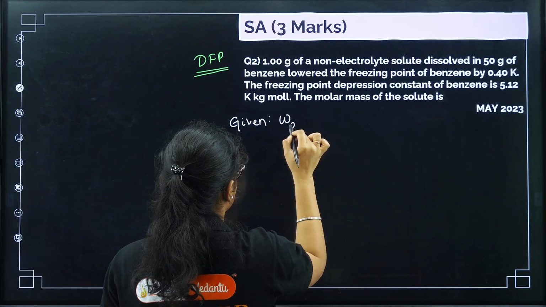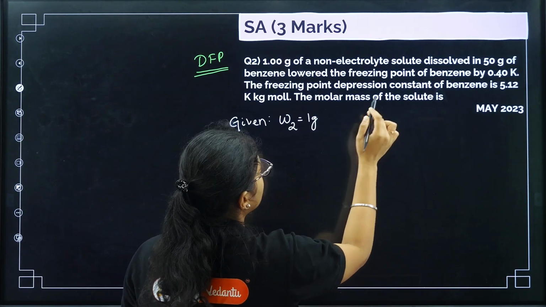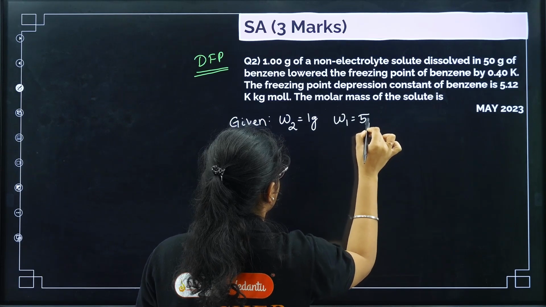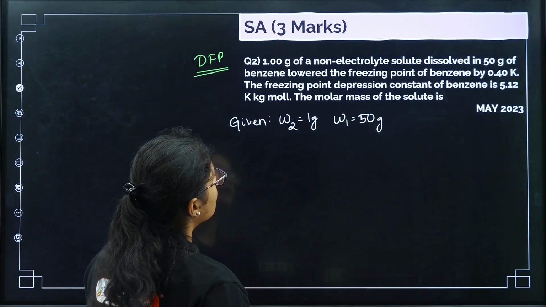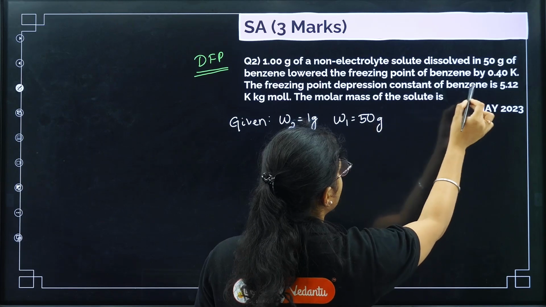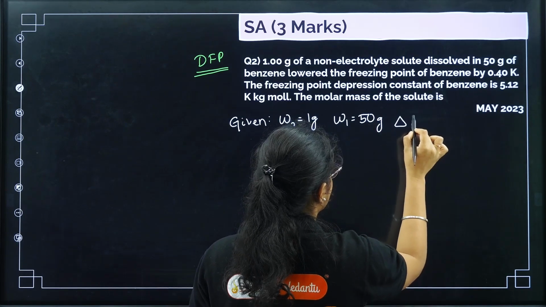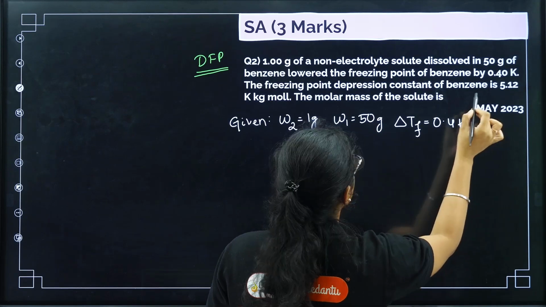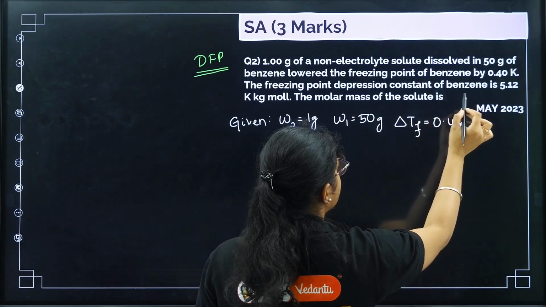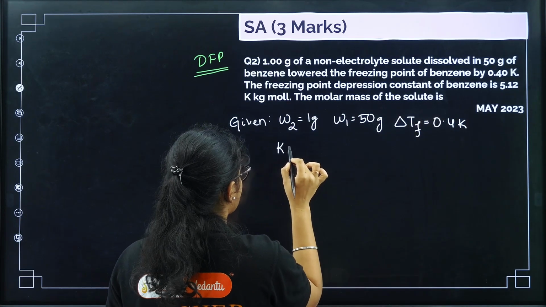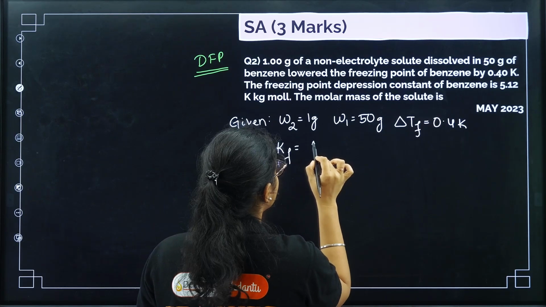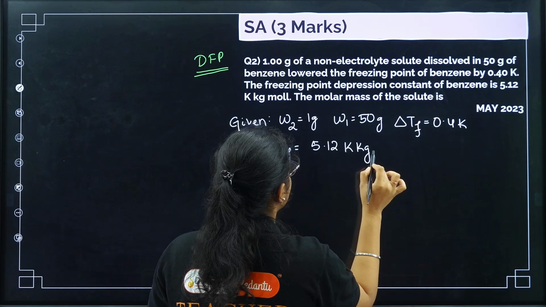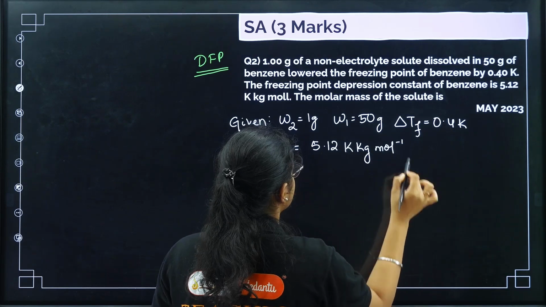Mass of the solute, W2, is 1 gram. Then you have 50 gram of benzene, that is W1, the mass of the solvent. Freezing point of the benzene is lowered, so delta TF is 0.4 Kelvin. Next, freezing point depression constant, that is KF, is 5.12 Kelvin kilogram mole inverse.